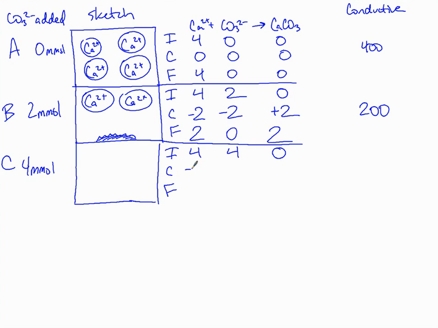So it's going to be -4 and -4 for both of them. We're doing +4 for the product. So what's going on in the final? 4 minus 4 is 0 calcium, 0 carbonate, and 4 calcium carbonates.